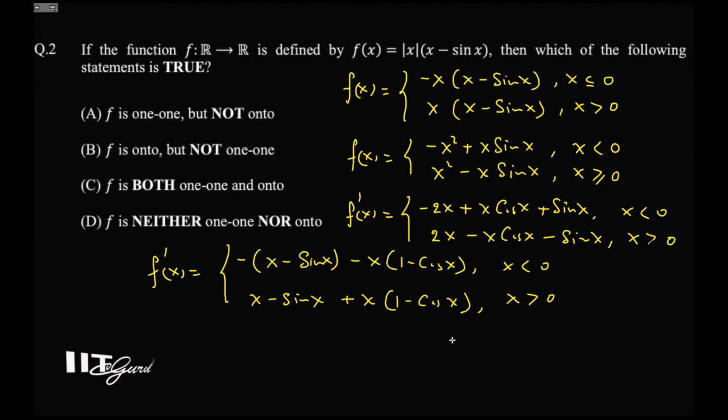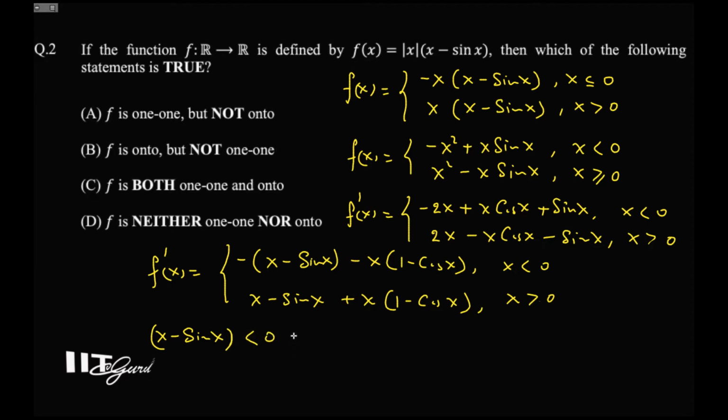Now let's see x minus sin x. For positive x it is positive, and for negative x, x minus sin x is negative. You can check with the graph.